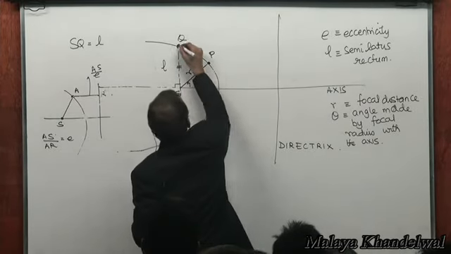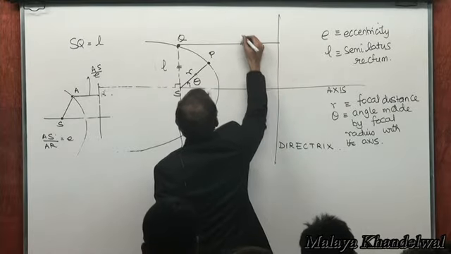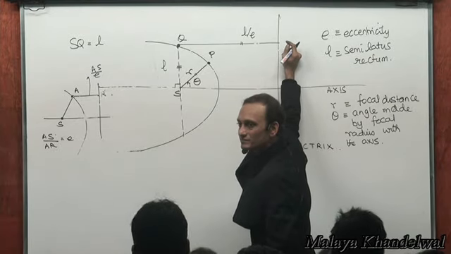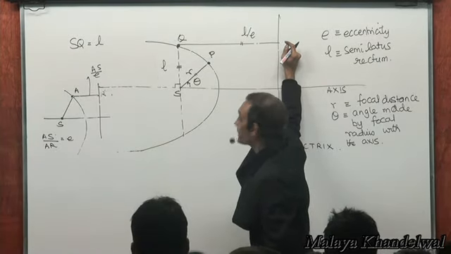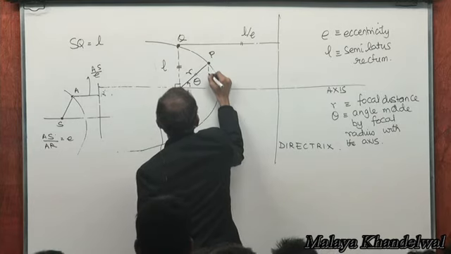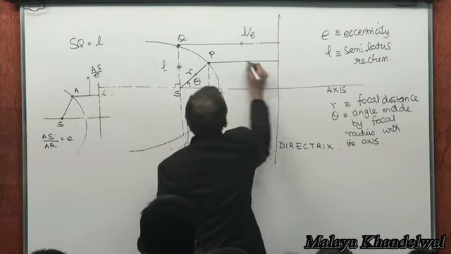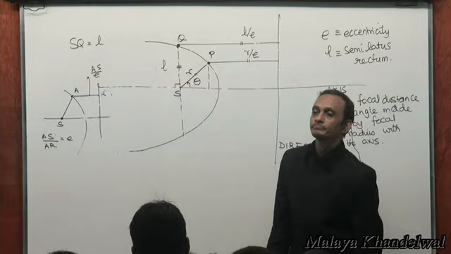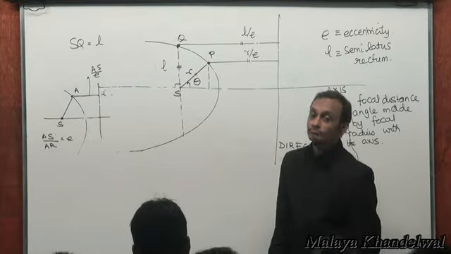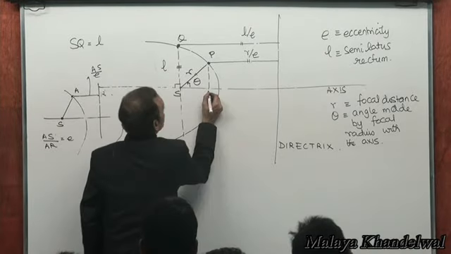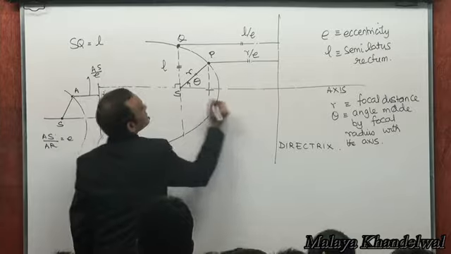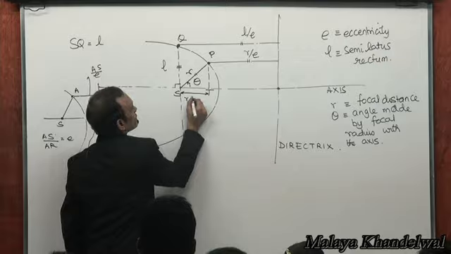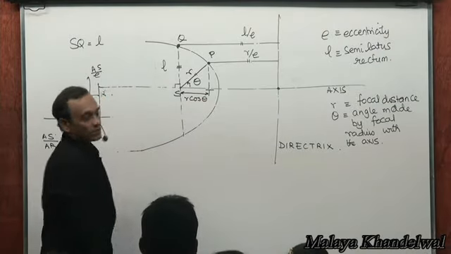So then, if this is QS, realize that this distance will be L by E, because if this is L, then this distance would be L by E, by definition, right? If this is r, then this distance would be r by E, yes or no? Now, let me call this ST. What is this distance? r cos theta. ST is r cos theta.